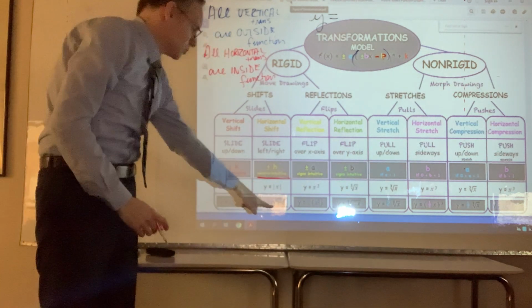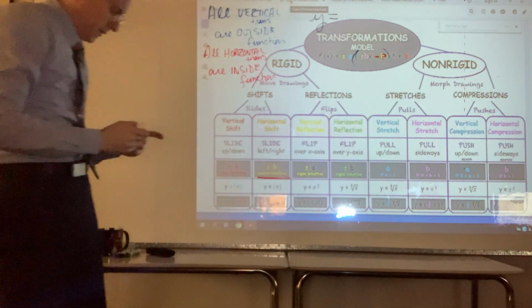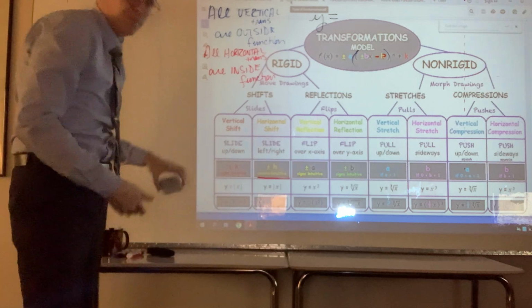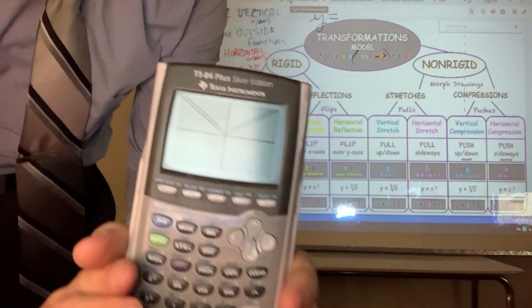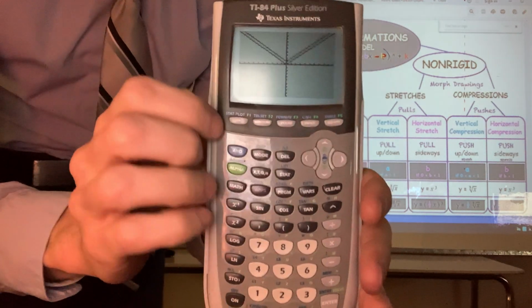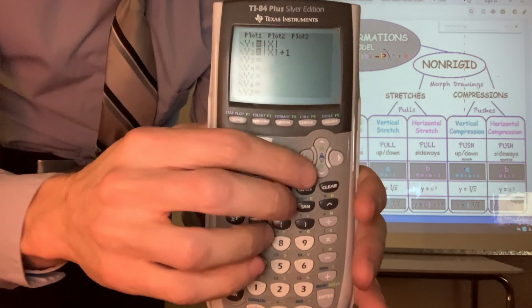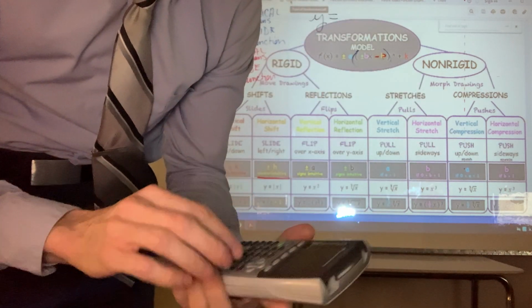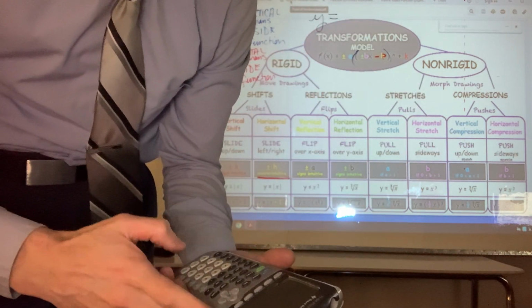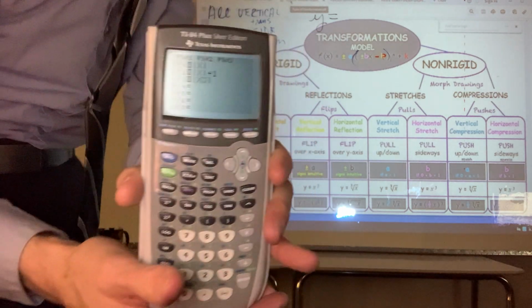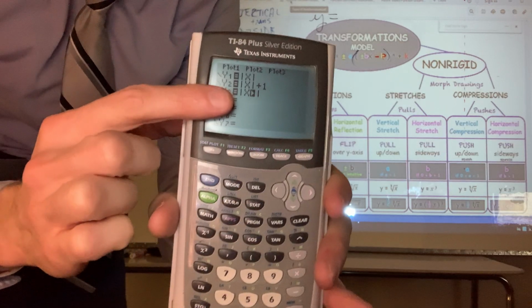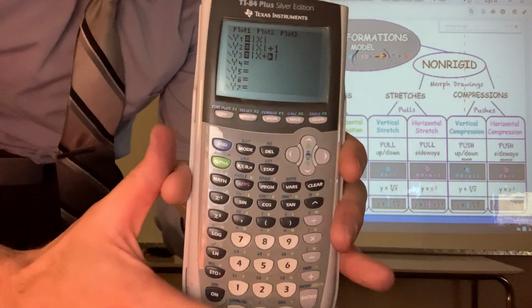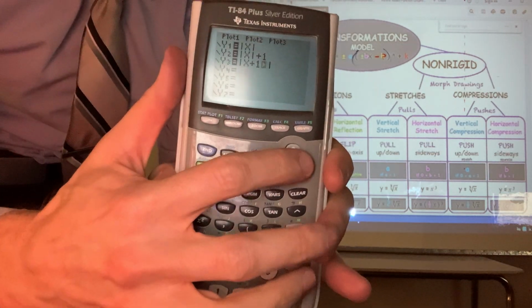Right? So here's what you would see in this case, x plus 1 inside the absolute value. All right? You take your calculator once again, go back here. I'm going to put absolute value in here again. I'm going to do this really quickly because it's easier looking at it. X, and then put, in my example, plus 1 here, and then scoot outside of it.